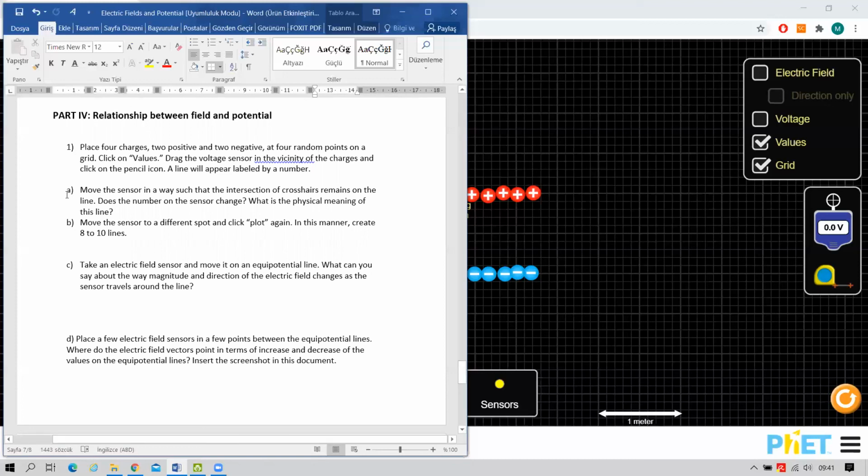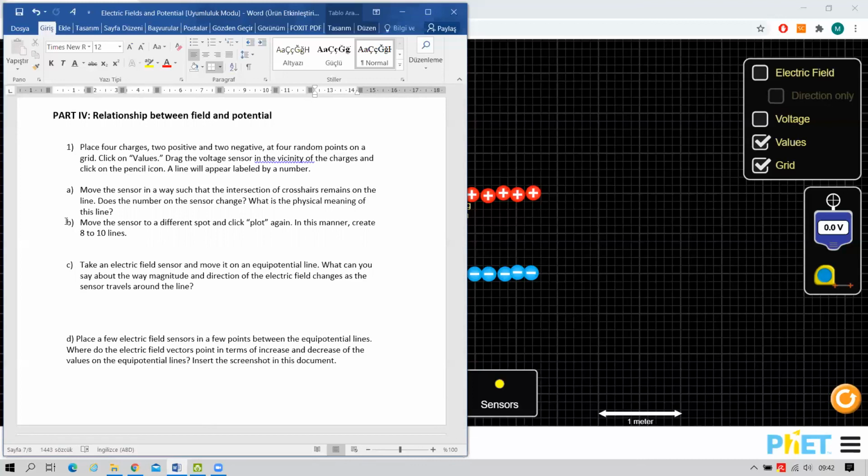I've explained this line for a positive point charge when I explained the simulation. As you know, you will see that the value of the sensor doesn't change because this line is an equipotential line. And then move the sensor to a different spot and click plot again.